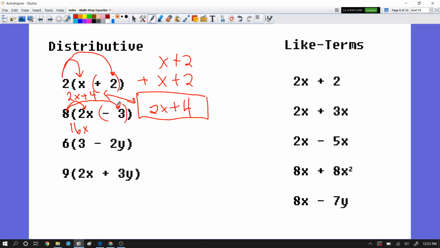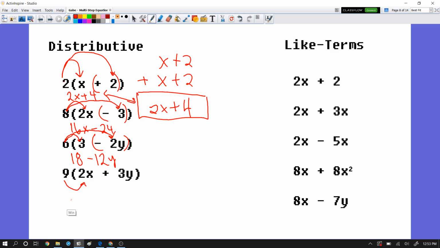And then 8 times negative 3, minus 24. And you can always write 2x minus 3 8 times, then add up everything that's a like term. 6 times 3, 18. Minus 2y. 6 times negative 2y. 6 times 2 is 12, so negative 12y.